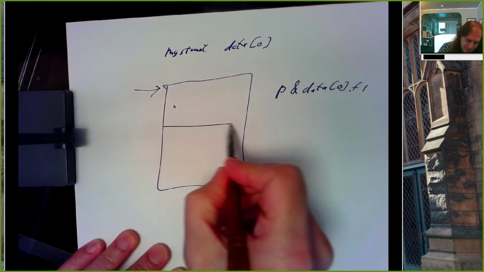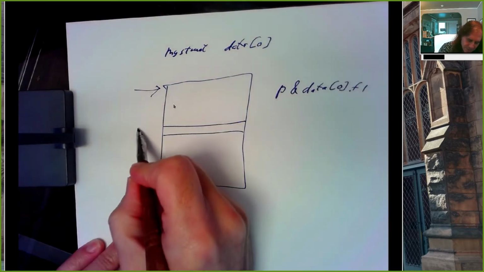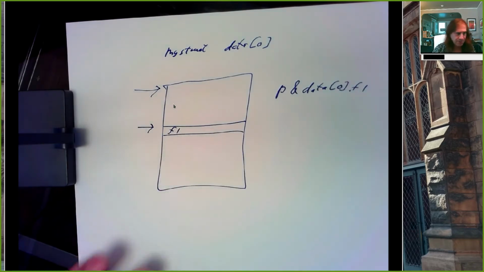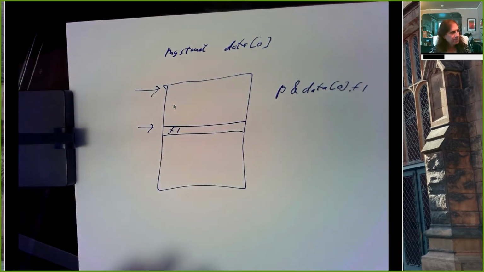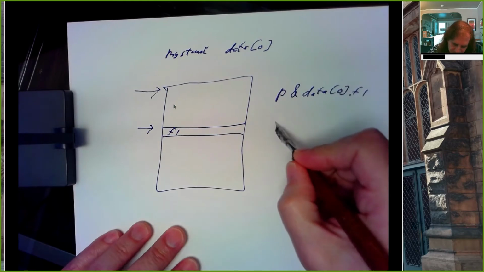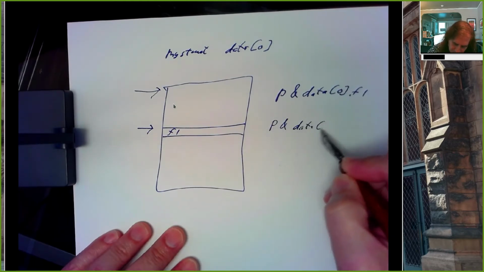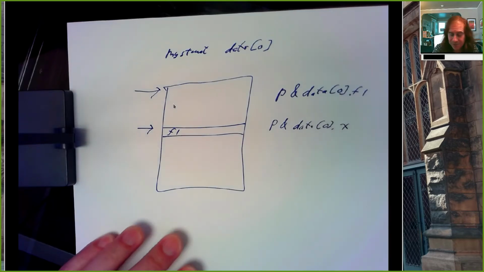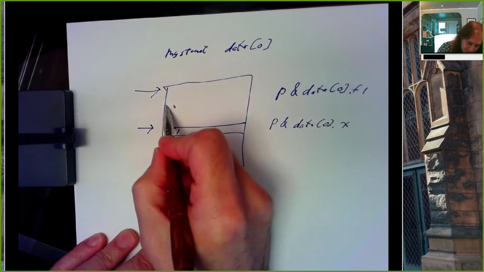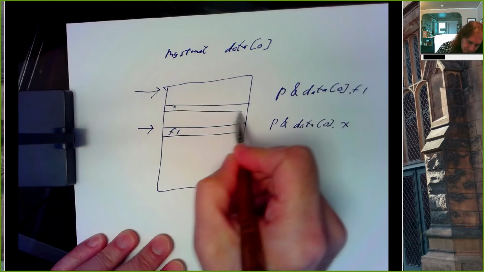And that gives you some number where F1 is stored. And then if you print the address of data bracket 0 dot X, that'll give you a different address, and maybe that's stored right here.